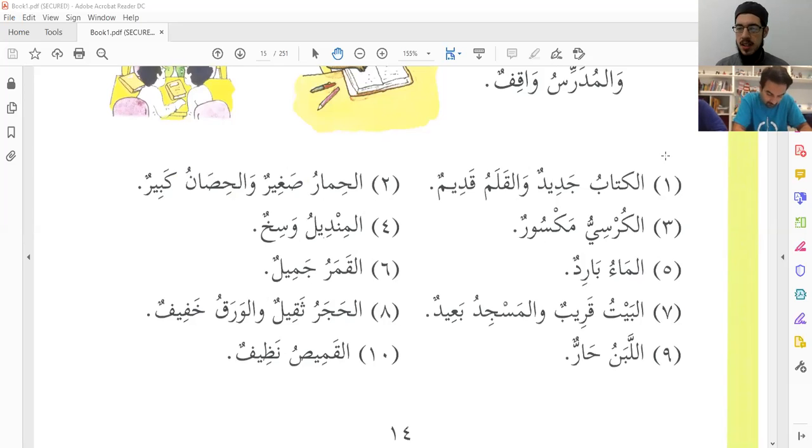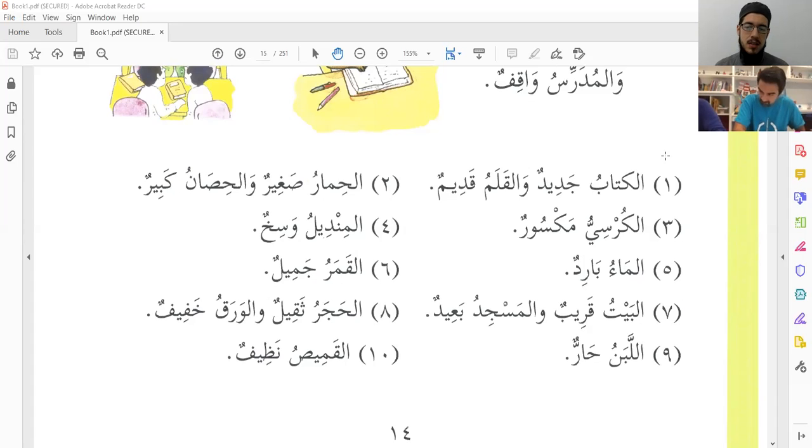Al-kitabu is al-mubtada, right? We said that a jumla ismiya has two parts, the mubtada and the khabar. Al-kitab is the mubtada, jadid is the khabar. We said that we learned two things about the mubtada. It has to be marfu', meaning it has to have some sort of dhamma at the end, and it has to be ma'rifah.